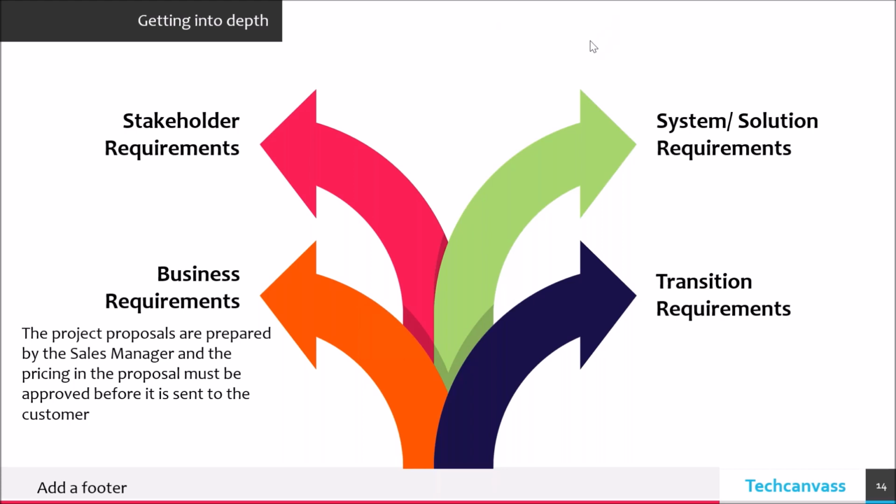The proposal is created. Correct. What is the second one? Route to the approver. Correct. So send to approver. Correct. Submit for approval. That's the second step. Then what? Review, right? The proposal gets reviewed.